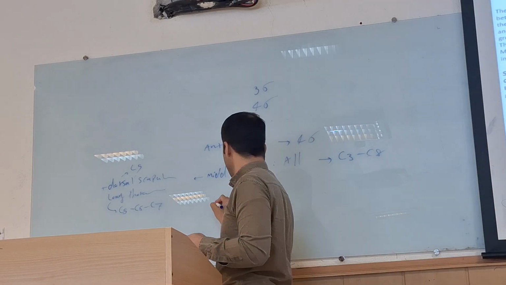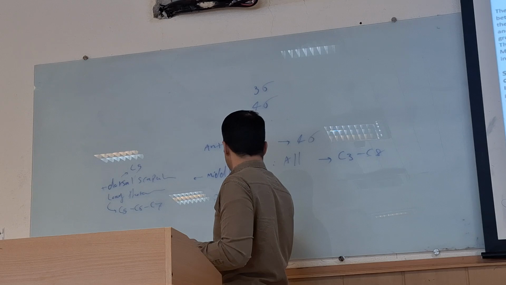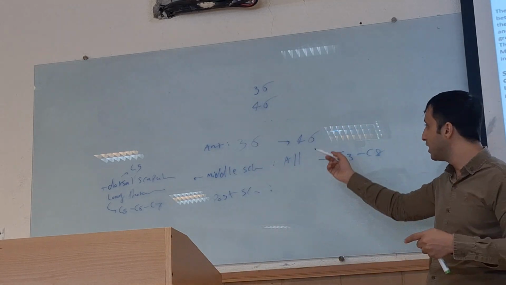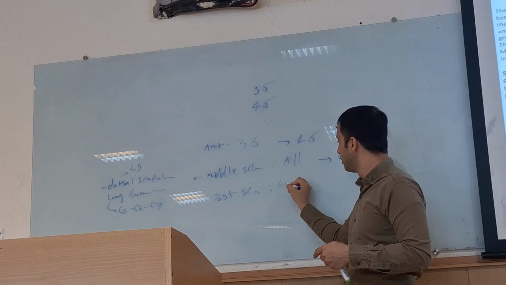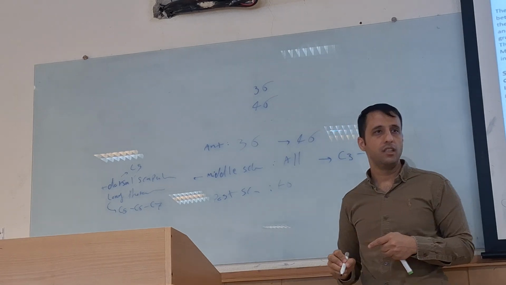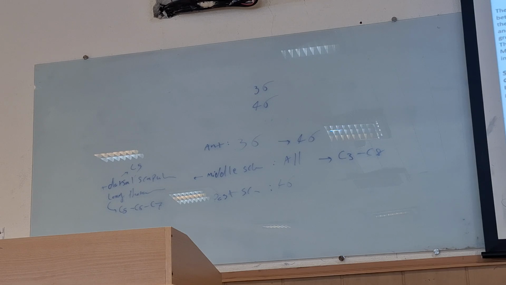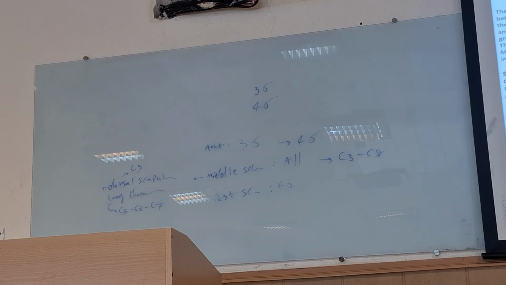Another scalene is posterior scalene. The origin of posterior scalene is C4, C5, and C6: the posterior tubercle of the transverse process of 46.